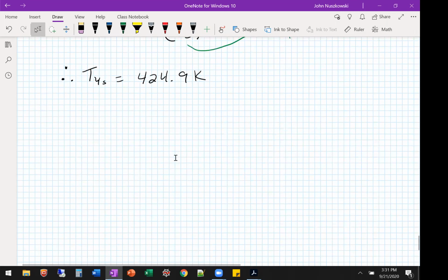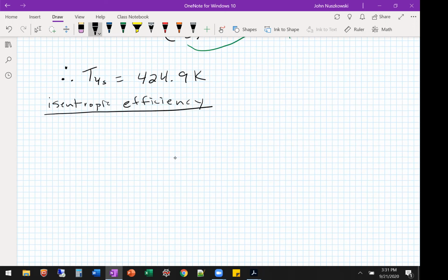All right, so isentropic efficiency. For a turbine, that's the actual work over the isentropic work.